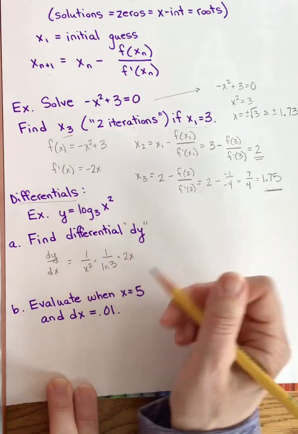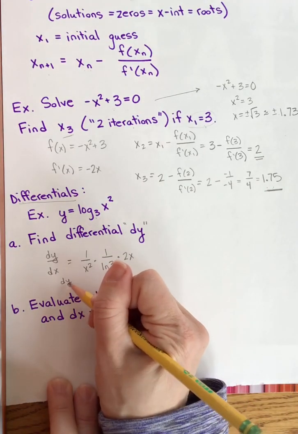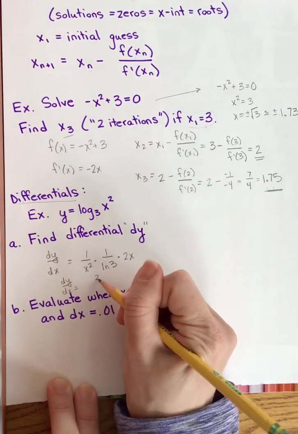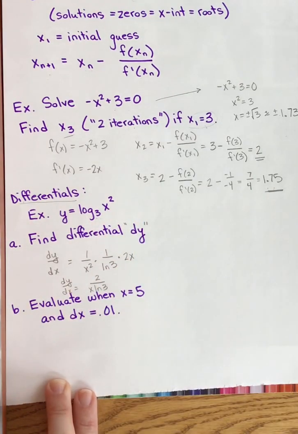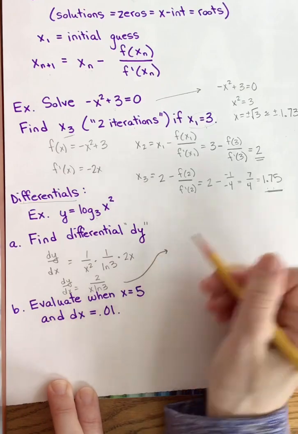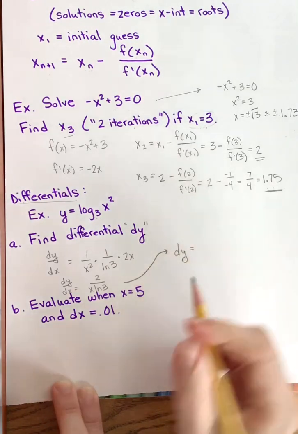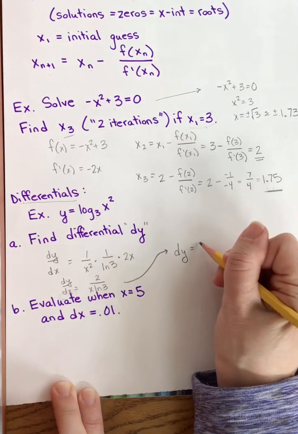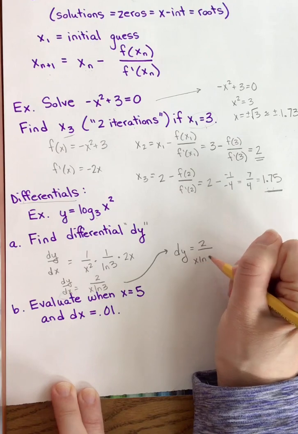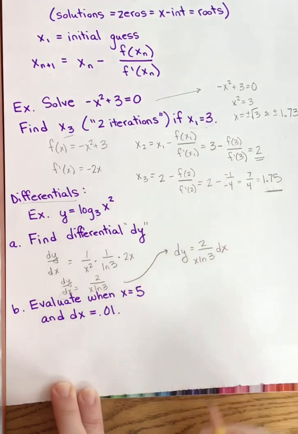So in this case, my dy dx is 2 over x natural log of 3. You could have used log properties in the beginning, totally fine. So the differential, as goofy as this sounds, is actually what I get when I separate this bottom denominator. So I have 2 over x natural log of 3 dx.